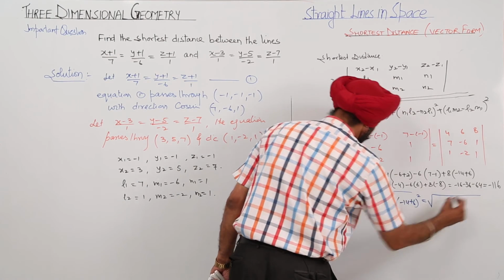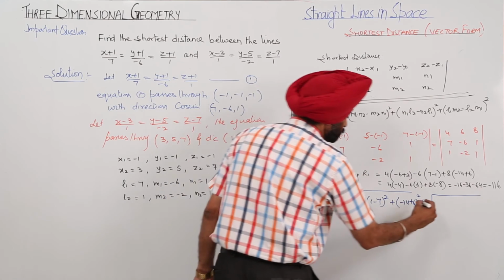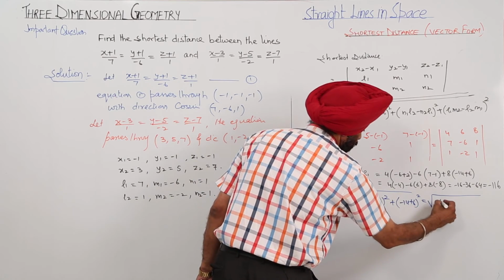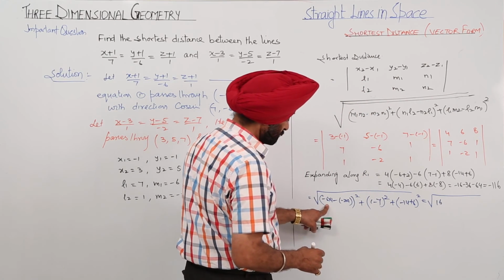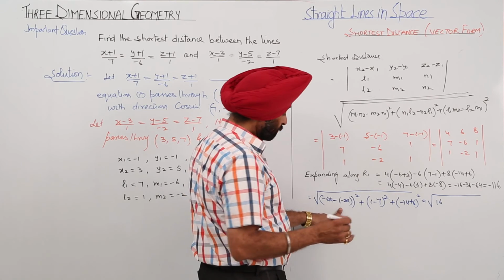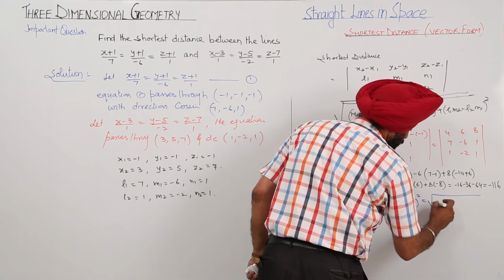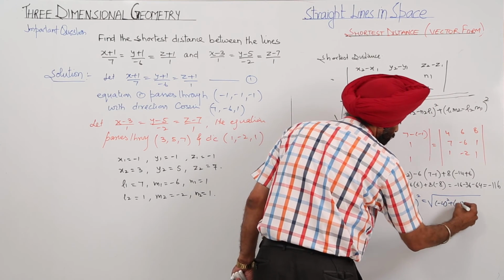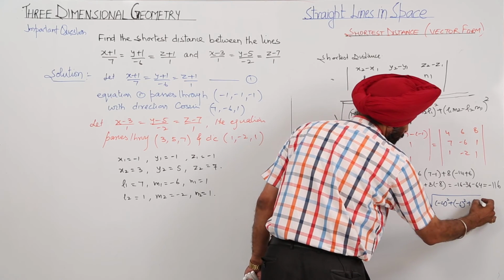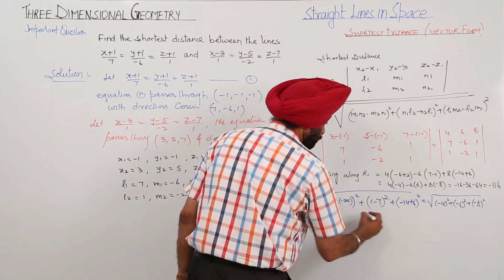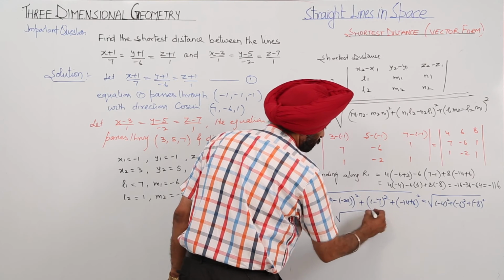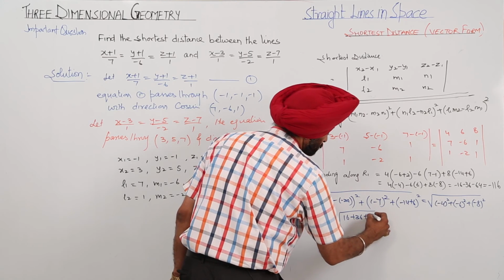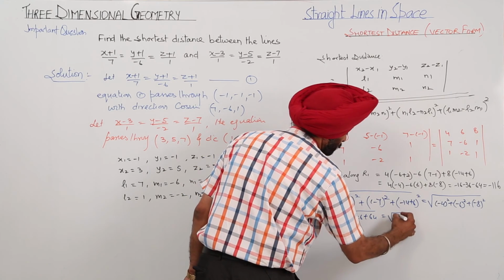If you write this in determinant manner, that will be much better, on the rough side. So this becomes (-4) whole square plus (-6) whole square plus (-8) whole square, which is the square root of 16 + 36 + 64 = square root of 116.